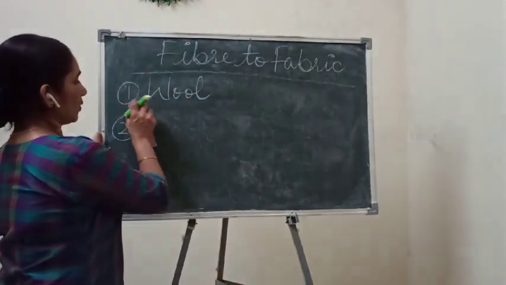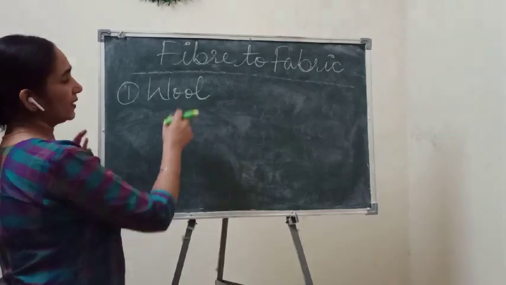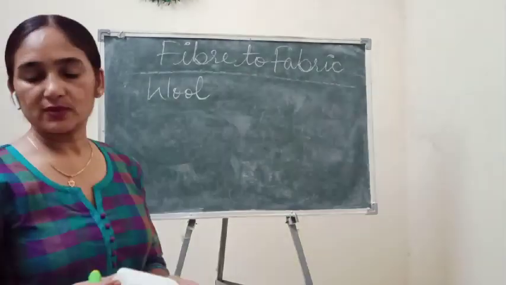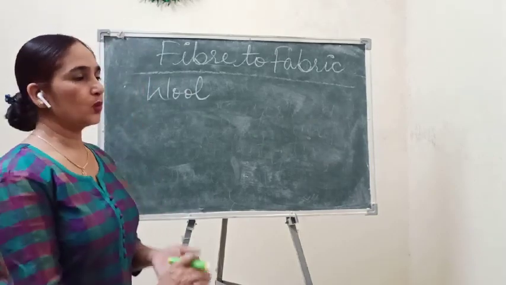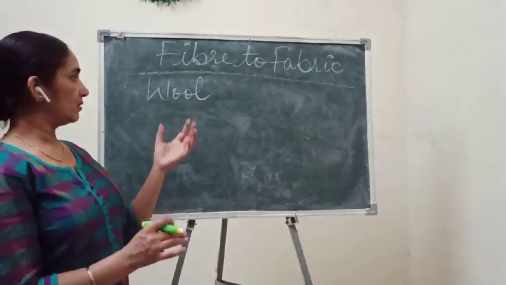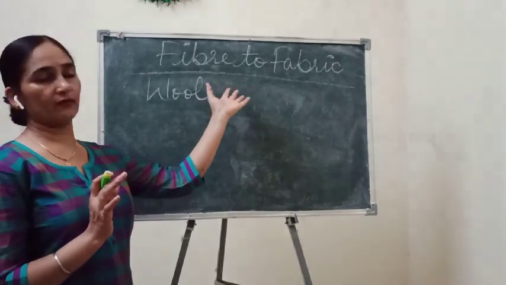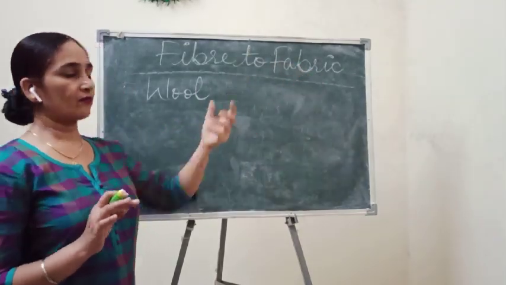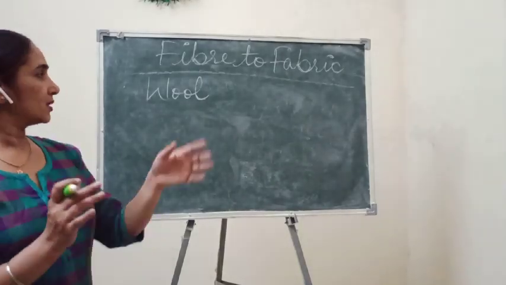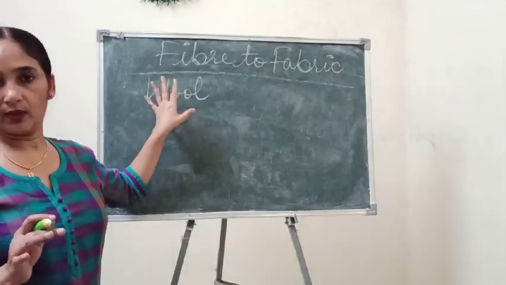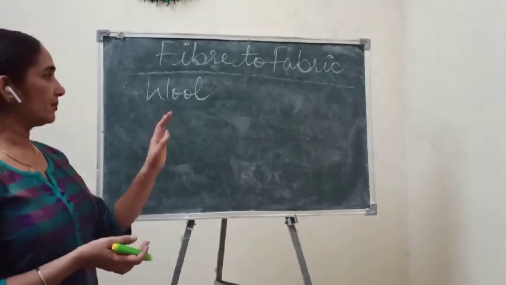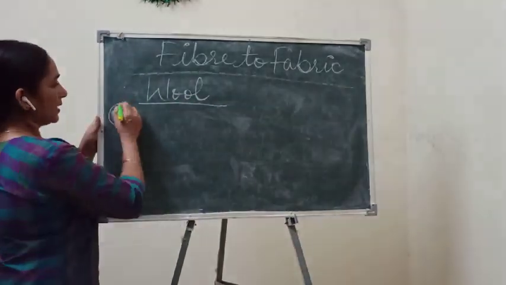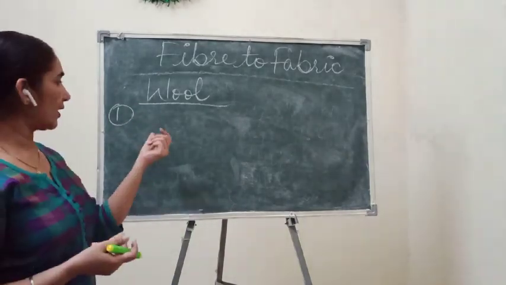As you know, in case of this wool, there are some processes which we adopt to prepare fabric or cloth from this wool or animal fiber. What are those processes? Let's revise one by one.